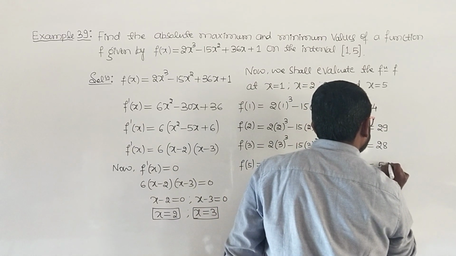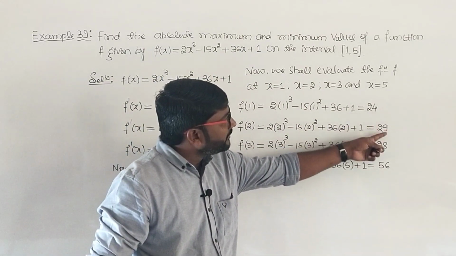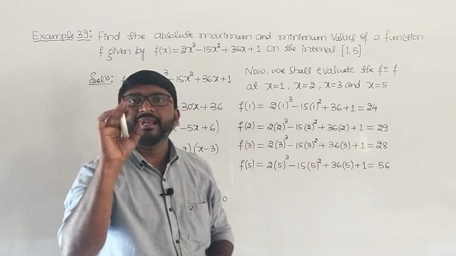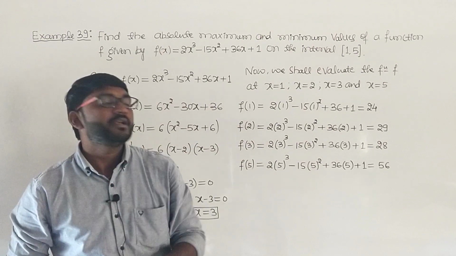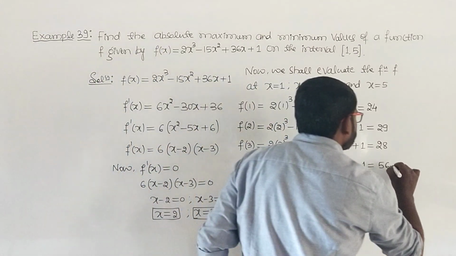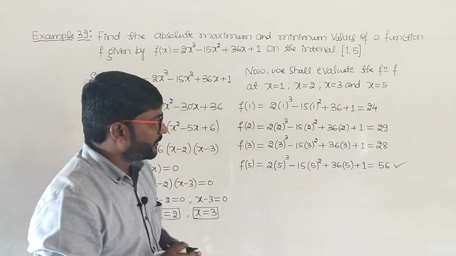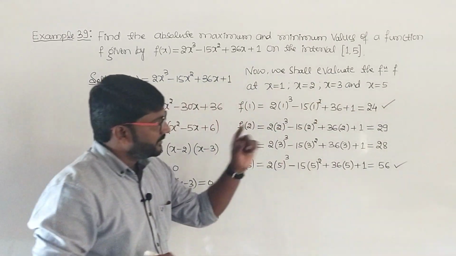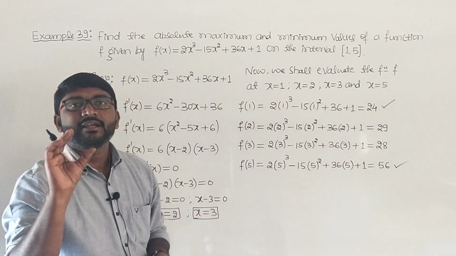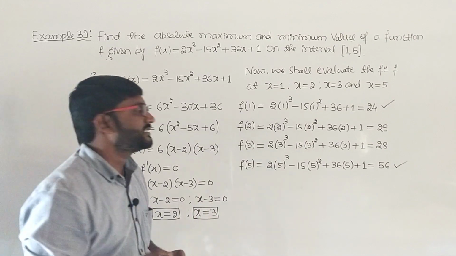Simplify this and you get 56. Now out of all these 4 values, which is the greatest? That is going to be the absolute maximum, or the global maximum. The greatest is 56, and the least value is 24. So 24 is the absolute minimum and 56 is the absolute maximum.